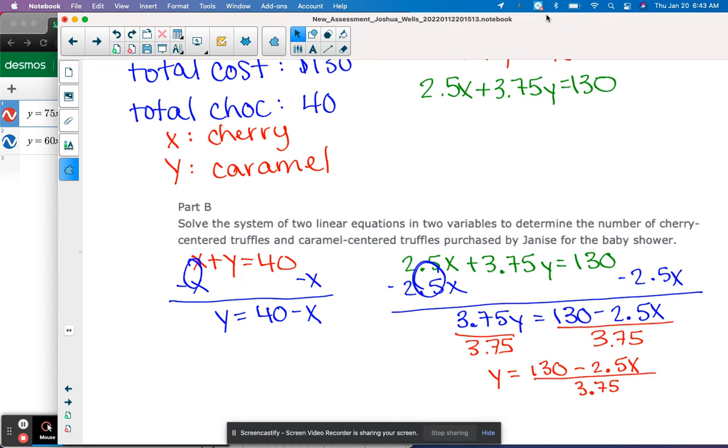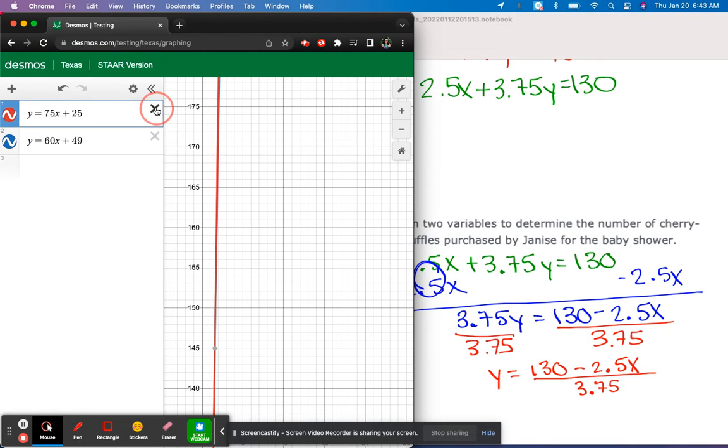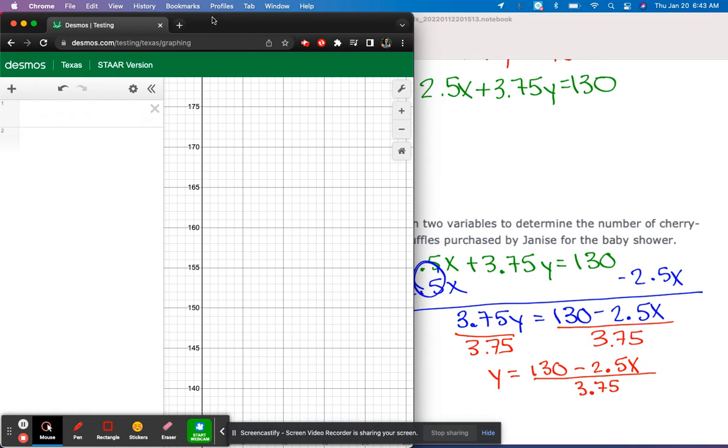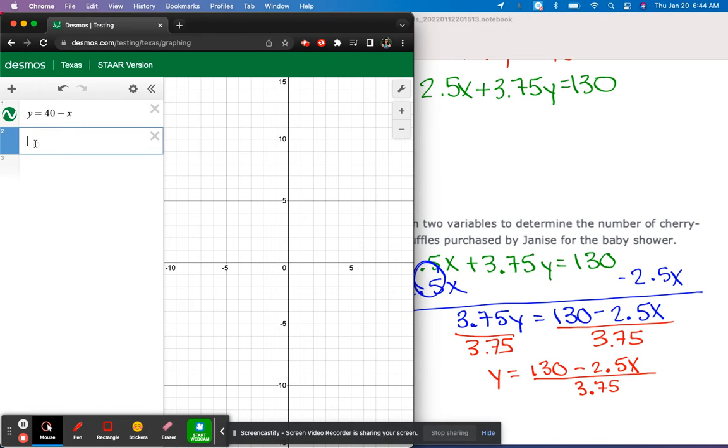Now that we have both equations solved, we can go ahead and type this into Desmos. The first equation we had was y equals 40 minus x. The second equation is y equals, I'm going to type in my fraction bar first, so 130 minus 2.5x over 3.75.